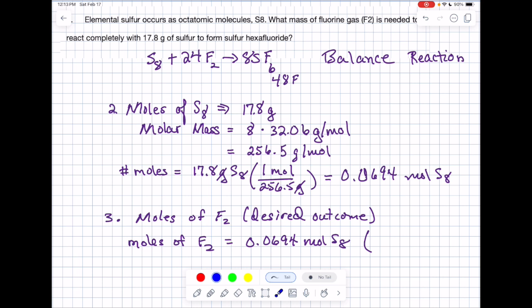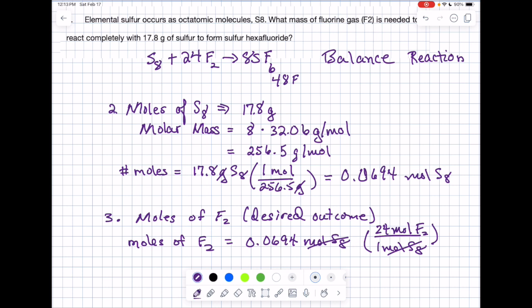So I'm going to use that relationship. I'm going to note that I've got 1 mole of S8, and I'm going to put that in the denominator because I want the moles of S8 to cancel, for 24 moles of F2.